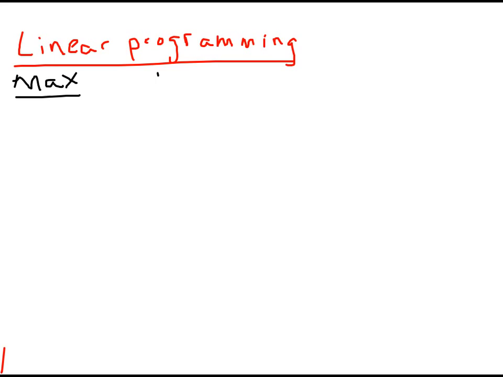This is the way I like to set up my problems: first set up in columns the two variables I'm interested in. So I'm interested in tables, and I'm interested in chairs. And what do we know as far as how we figure out our profit?